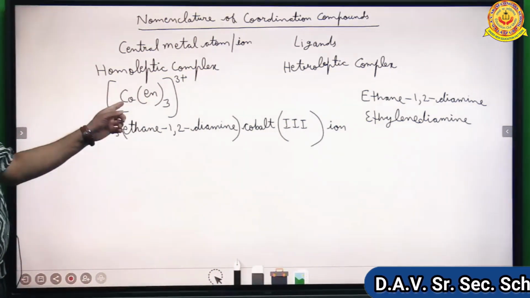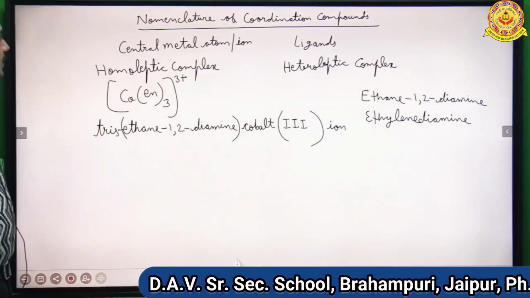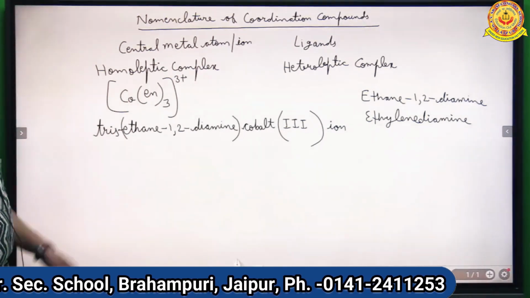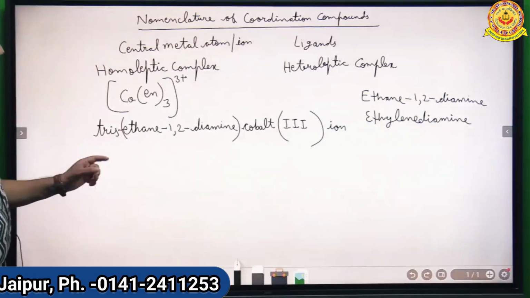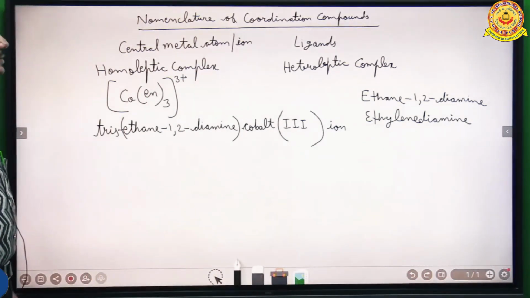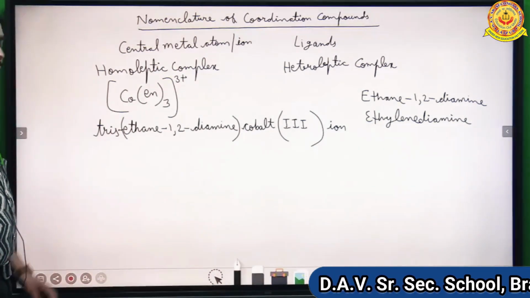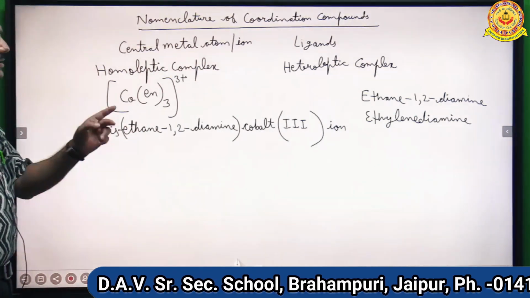Now to determine the coordination number of cobalt, we have to check that en is a bidentate ligand. It means one molecule of ethane-1,2-diamine donates 2 electron pairs simultaneously.